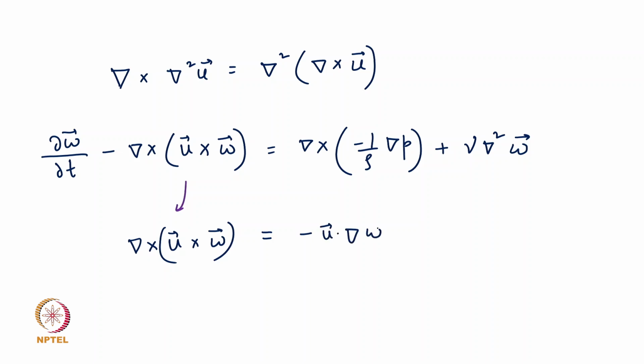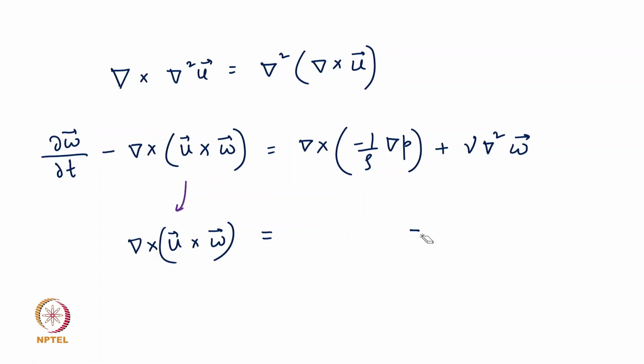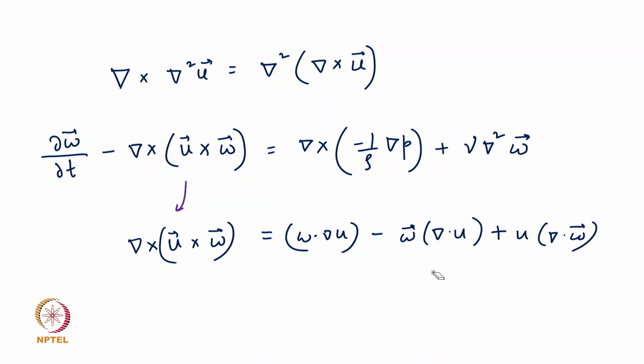It's a vector identity, so we get omega dot del u minus omega del dot u plus u del dot omega minus u dot del omega.